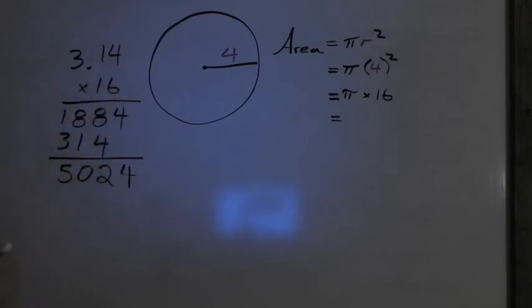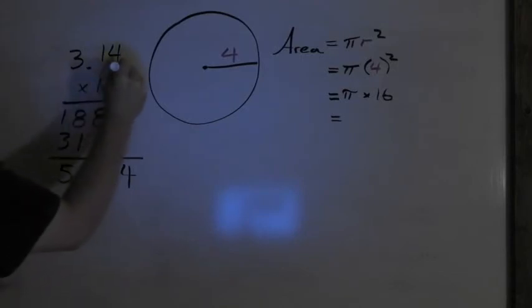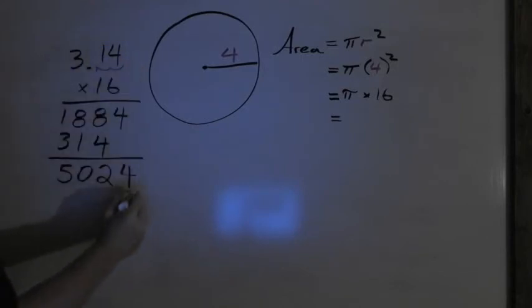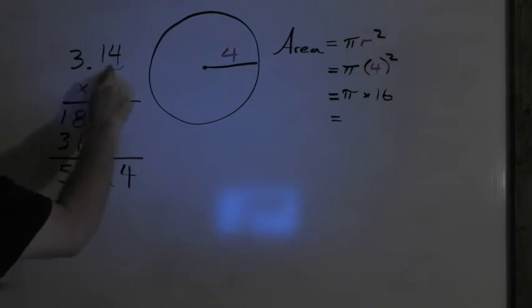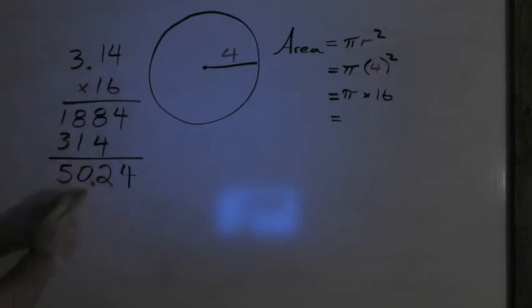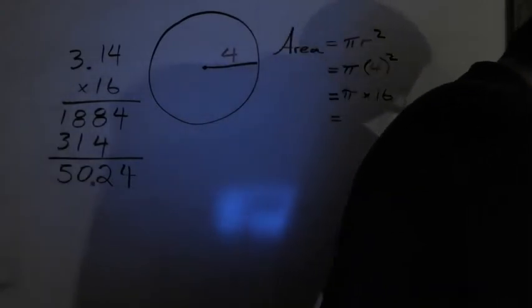I had to go over 1, 2 places, so the decimal point is going to be right here. I'm thinking I'm going to get something like 50.24. Now I like to check my work with a calculator.